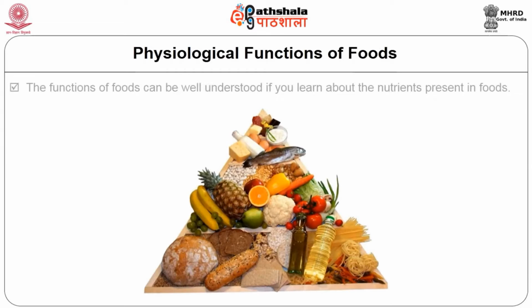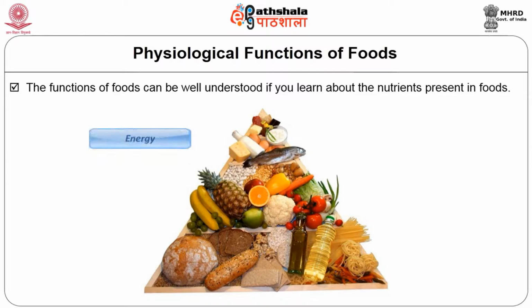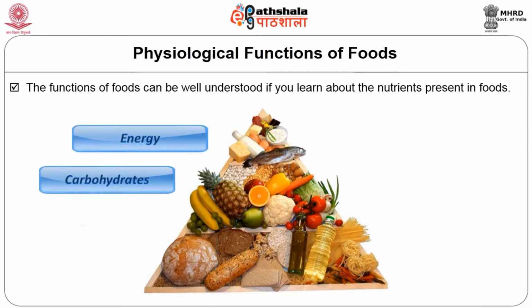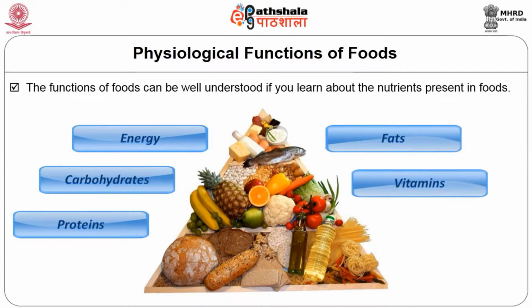The functions of foods can be well understood if you learn about the nutrients present in food. The major nutrients present in foods are energy, carbohydrate, proteins, fats, vitamins, and minerals.